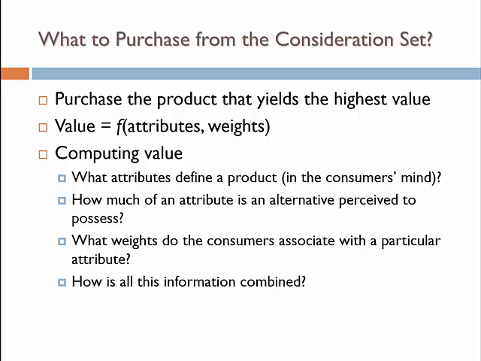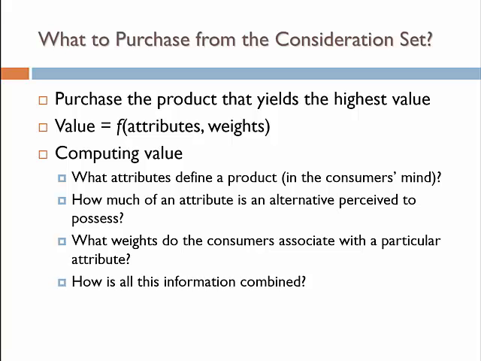Now, if you think of the value that the customer derives as some weighted function of the attributes of the product, then through techniques like conjoint analysis, it's possible to determine the weights that consumers place on different attributes to get a general sense of the overall value that the product offers.